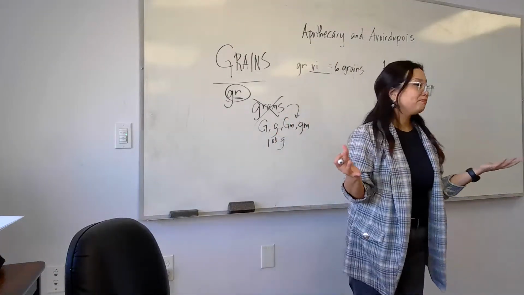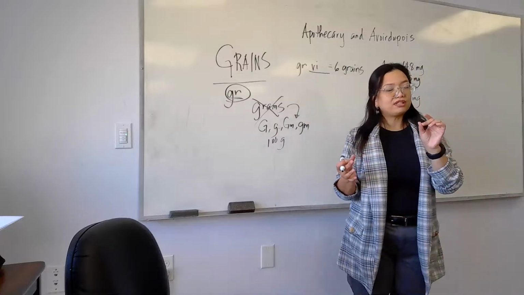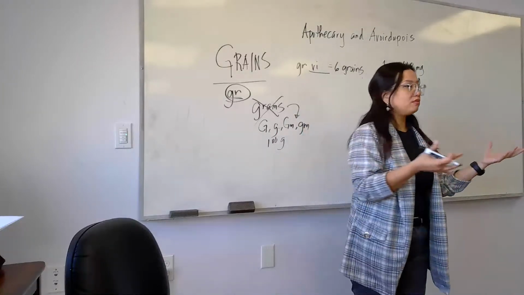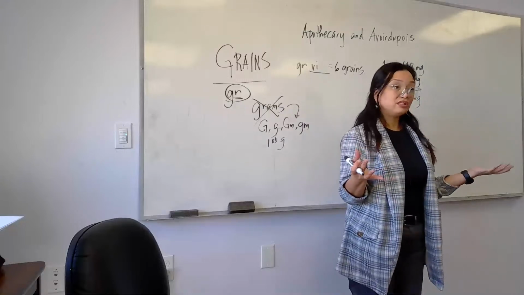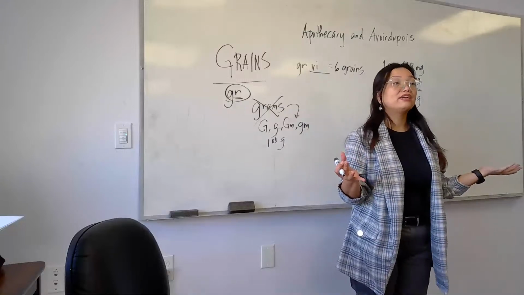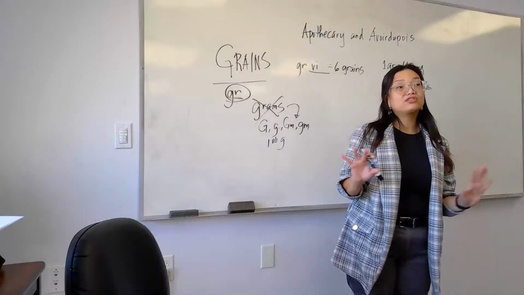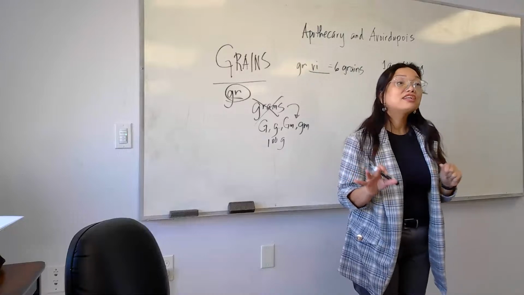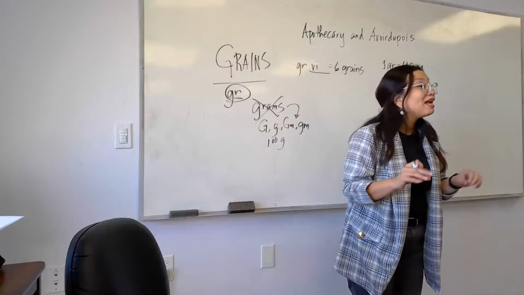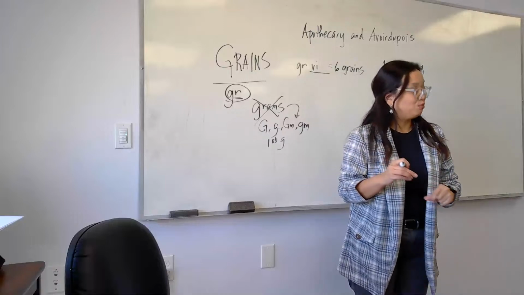The measurement grains needs a reference for how much a drug weighs. According to history, it's a grain of barley. Just like a grain of rice, they don't manufacture it in the same exact size and weight.